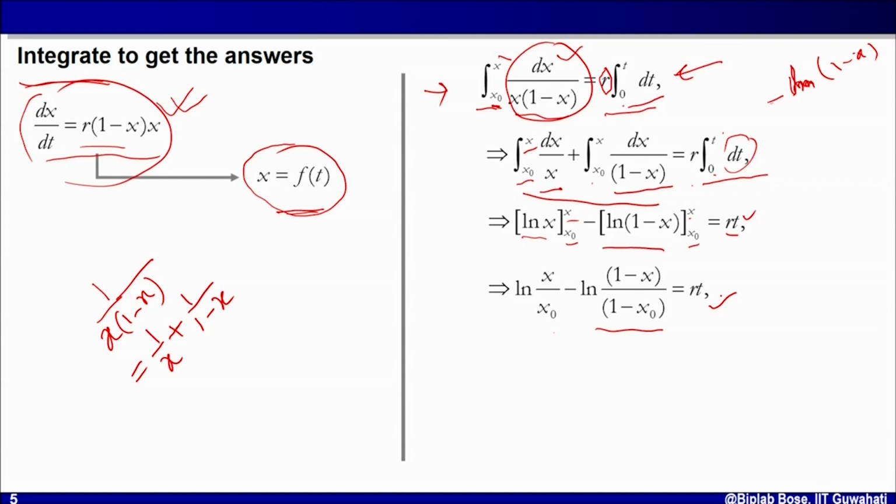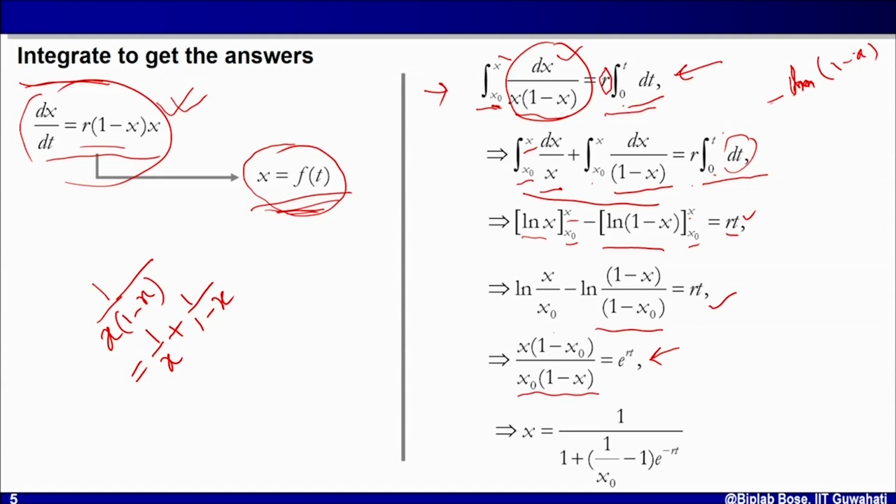These terms can be rearranged further, and we can take the ln to the other side, the log on the other side. So we get x into (1 minus x naught) by x naught into (1 minus x) is equal to e to the power rt. Remember, I want to get x as a function of time. So I want to keep x on one side of the equal sign and the rest of the thing on the other side.